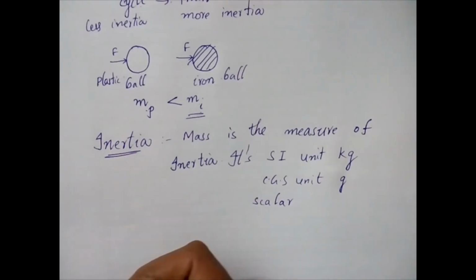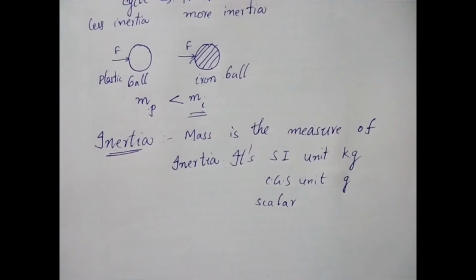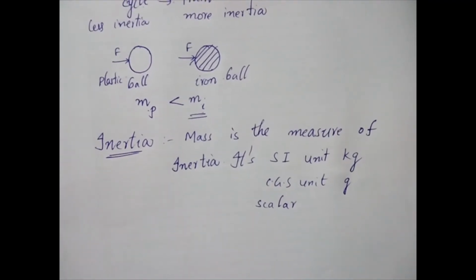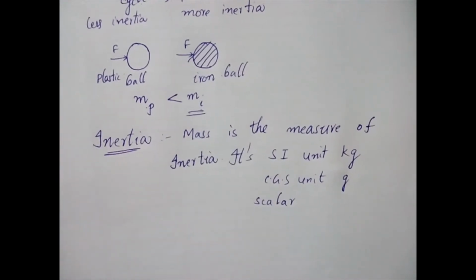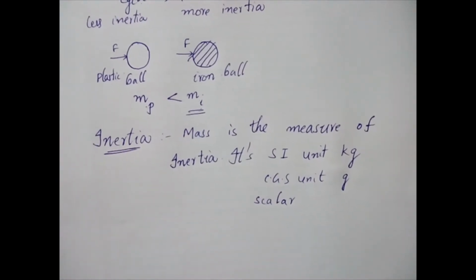Whenever you are writing or learning about a physical quantity, you should definitely remember you have to learn its definition, SI unit and CGS unit, both of them, and whether it is a scalar quantity or vector quantity. If it has a mathematical formula, you have to learn the mathematical formula also then and there itself.